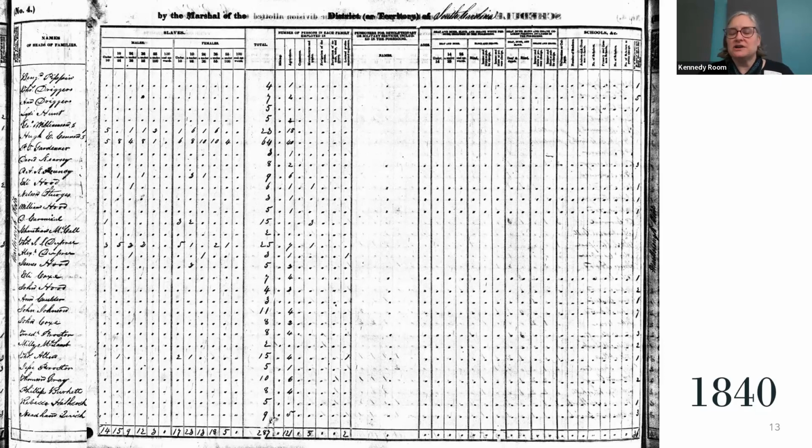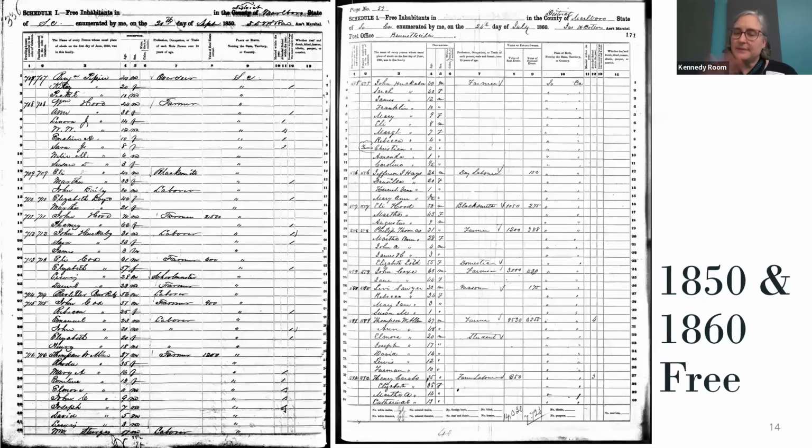And then there's a section on school where it asks about how many are in university or college, how many are scholars at academies and grammar schools, how many are students at primary and common schools, and how many white persons over 20 years of age who cannot read and write. And yes, it is white persons because it was in many places still illegal to teach the enslaved persons how to read and write. Didn't stop people, but it was illegal.